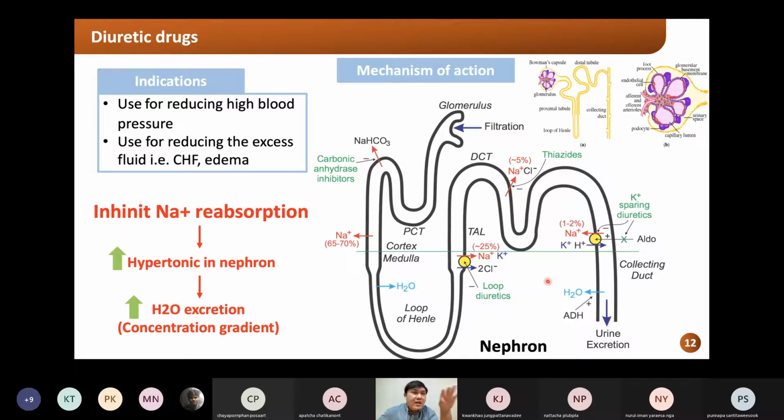So in case we provide furosemide to the patient, furosemide or Lasix will block this channel, and it causes the sodium not to be reabsorbed back into our body.